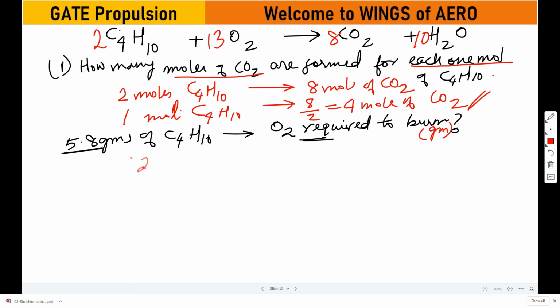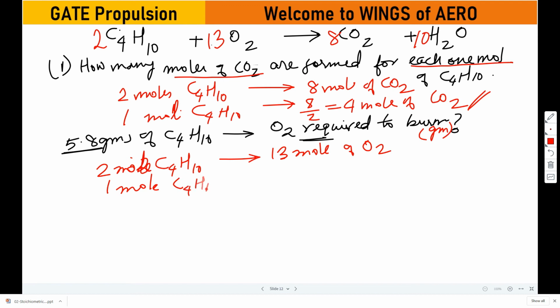Now here we have 2 C4H10, that means 2 moles of C4H10 will give 13 moles of oxygen. Agree? Fine. Now if I consider 1 mole, C4H10 will give 13 by 2 moles of O2.